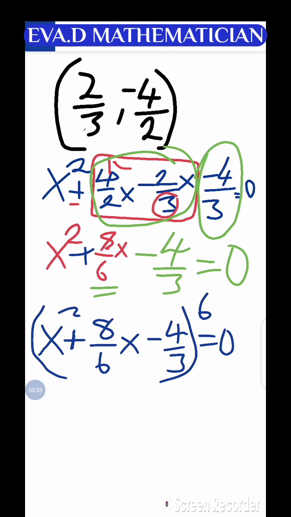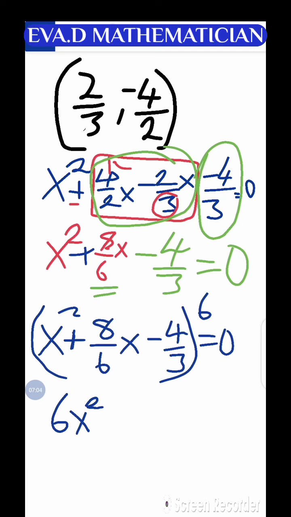So I'm going to have now the equation as 6x squared, and then if I do multiply, 6 times 8 will give me 48. Divided by 6 is 8.